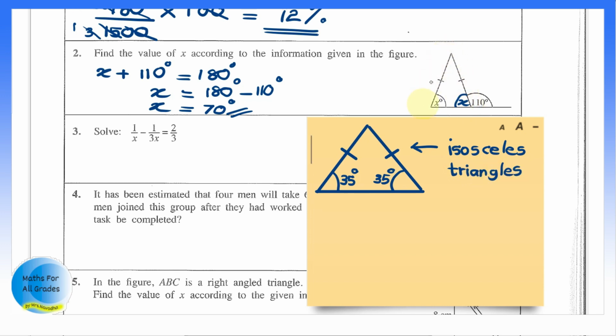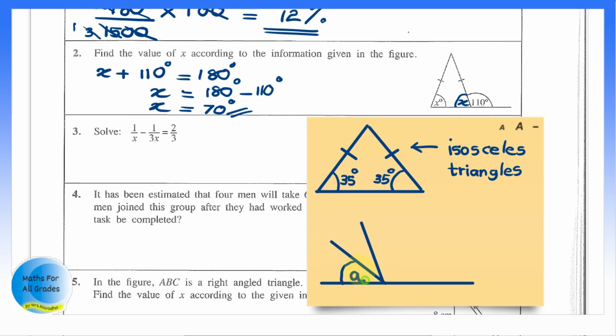So now look at this figure again. The given triangle has two equal sides. So this one is also an isosceles triangle and that's why I wrote x here. Now the next thing you want to know is that the sum of the angles that lie in a straight line is equal to 180.